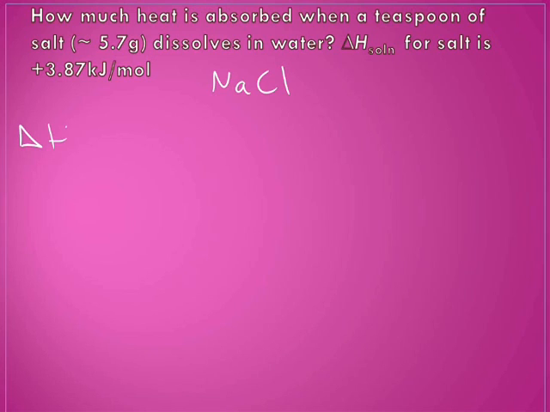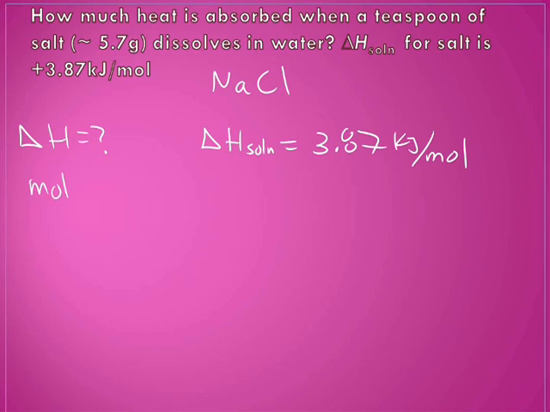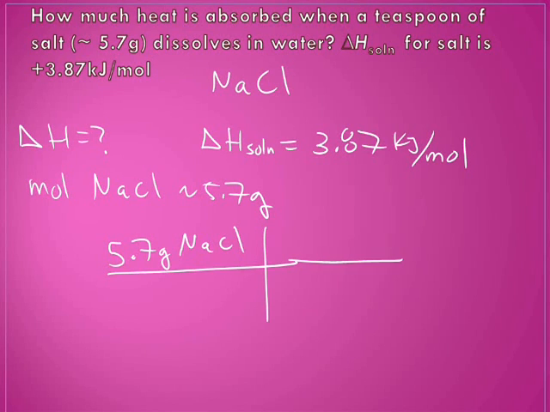So we have delta H, that's what we want to know. Delta H of solution is 3.87 kilojoules per mole. Now we want to know the moles of sodium chloride in 1 teaspoon, which is about 5.7 grams. So if we have 5.7 grams of sodium chloride, we'll first figure out the moles here.